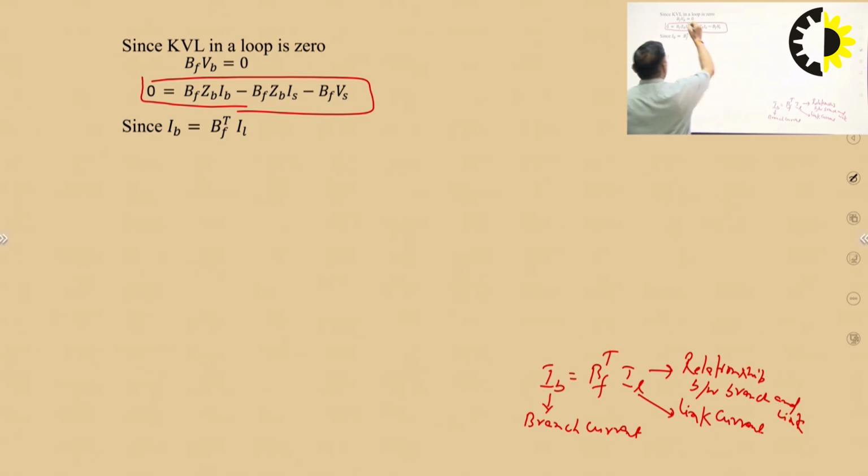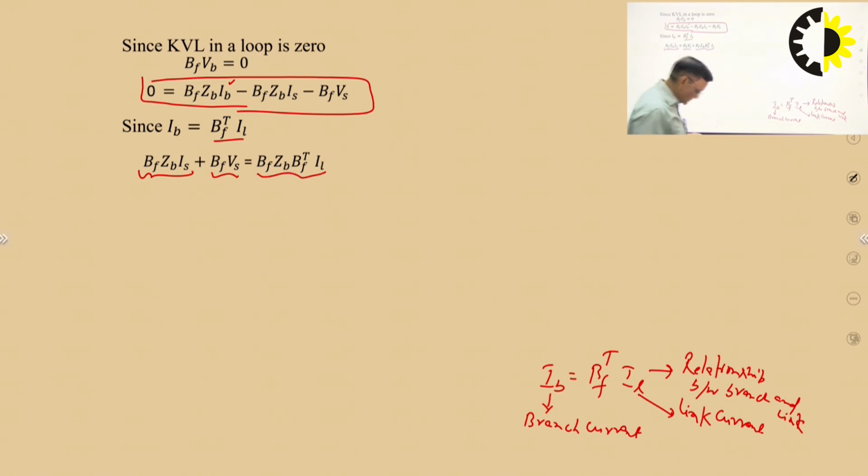So in place of IB we put this one, and we get this. Now look here. It is convenient to convert a current source into its equivalent voltage source because it helps to get rid of this matrix.